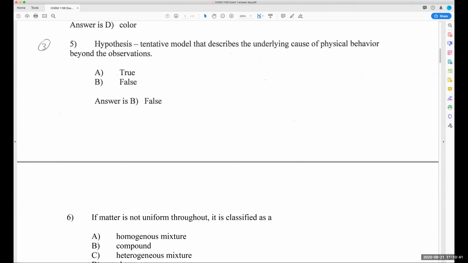So this is describing a theory. Number 6, if matter is not uniform throughout, it is classified as a heterogeneous mixture is the answer there.